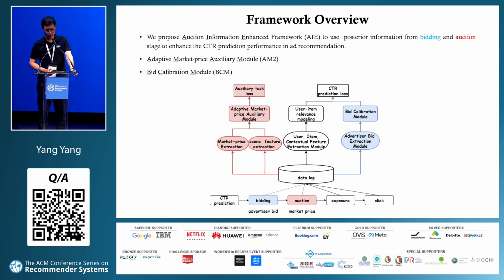And the blue and red parts in the figure are our new framework to utilize posterior information from the bidding and auction stage. Therefore, our core innovation is to enhance the click-through rate estimation modeling for the first time by utilizing the posterior information in the bidding and auction stage.